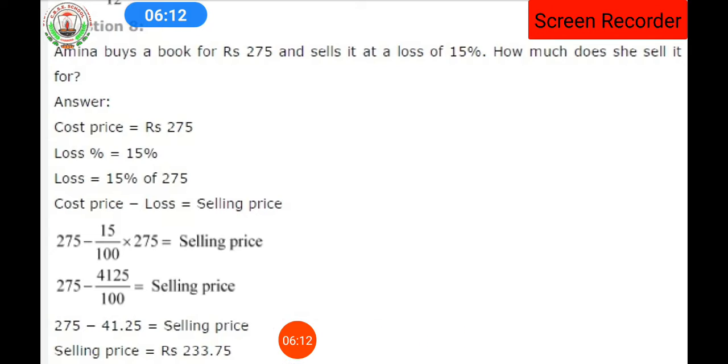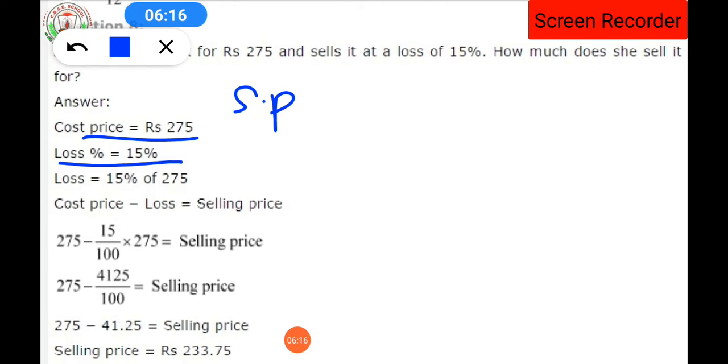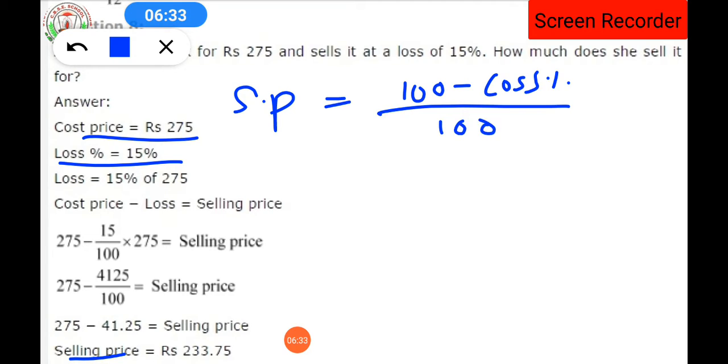So once again I will write the formula for you for finding the selling price. This is the cost price, this is the loss percent, and we have to find the SP, isn't it? Selling price is equal to (100 minus loss percent) upon 100 into CP.